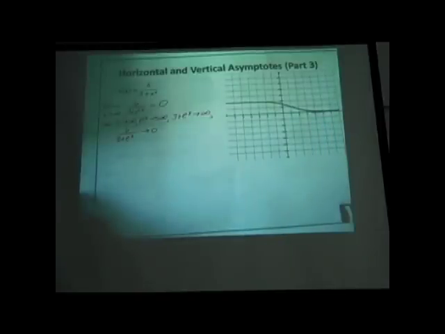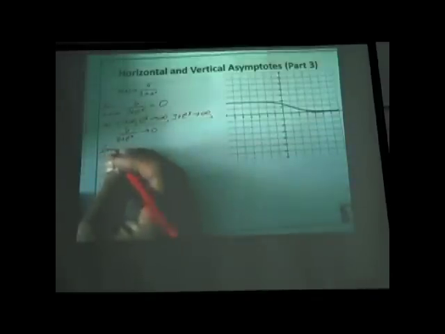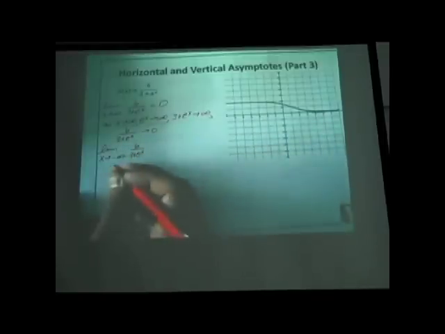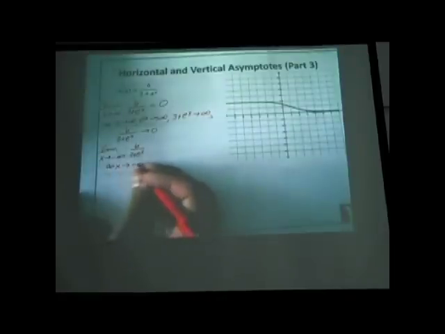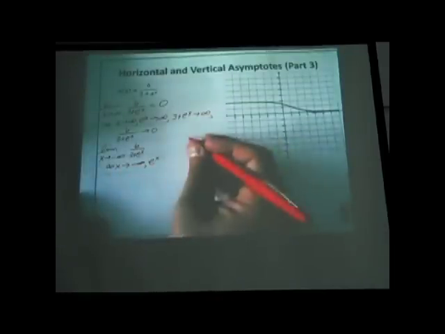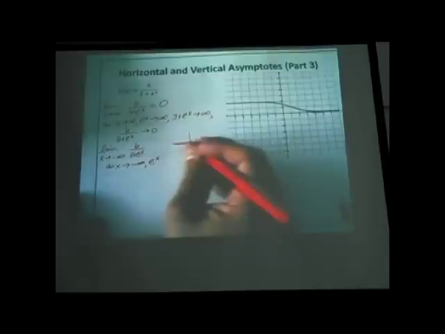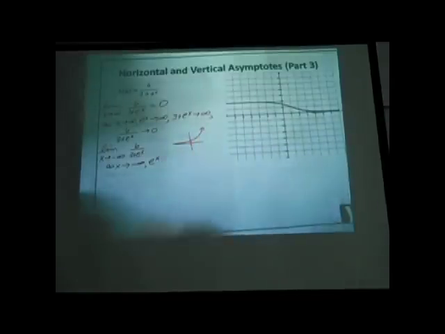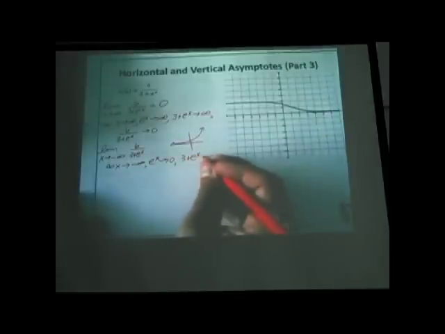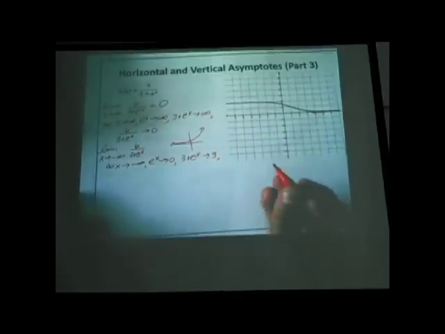Horizontal asymptote. Let's take the limit as x approaches negative infinity of 6 over 3 plus e to the x. As x approaches negative infinity, the graph of e to the x, we already looked at this before. Graph looks like that. As x approaches negative infinity, e to the x approaches 0. 3 plus e to the x approaches 3.